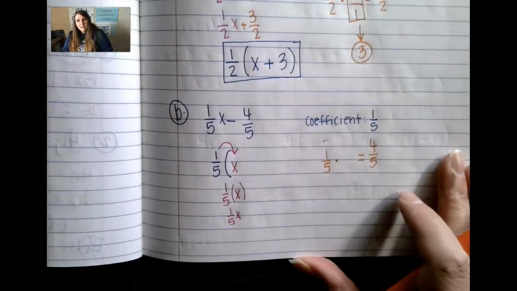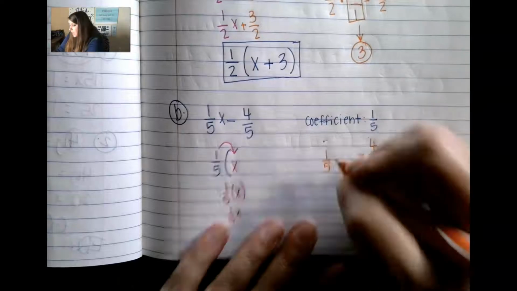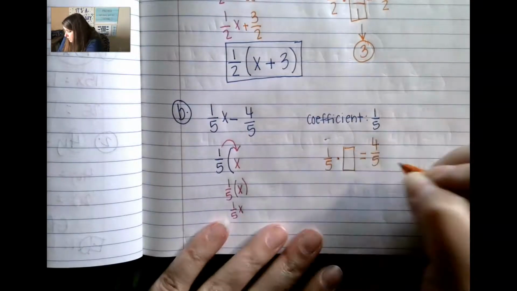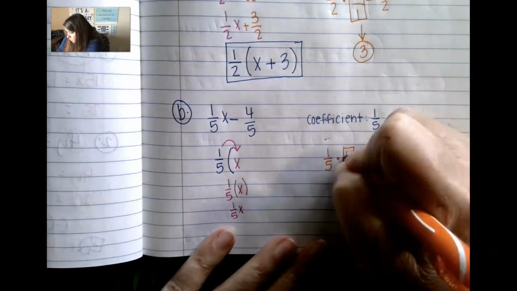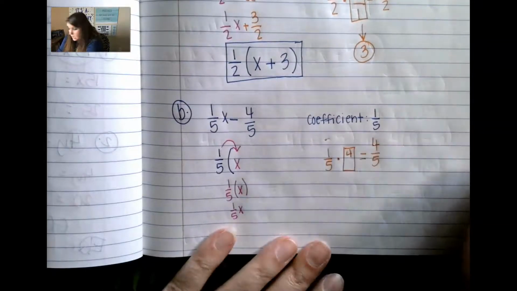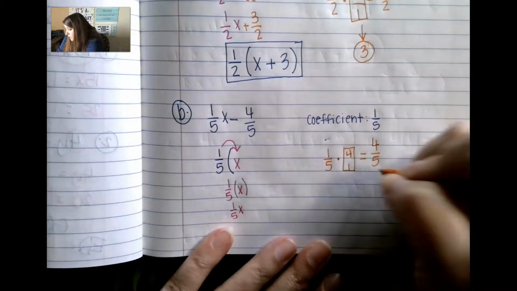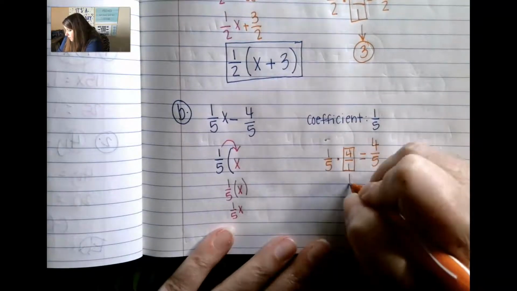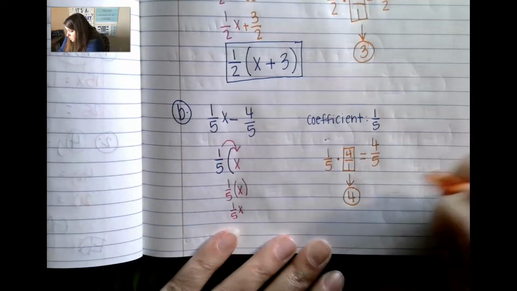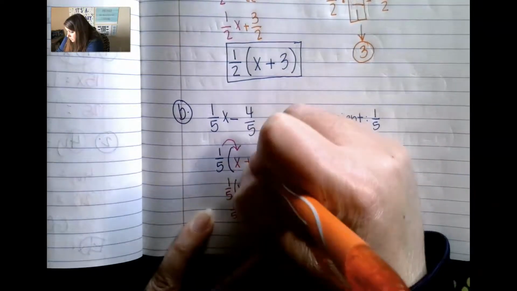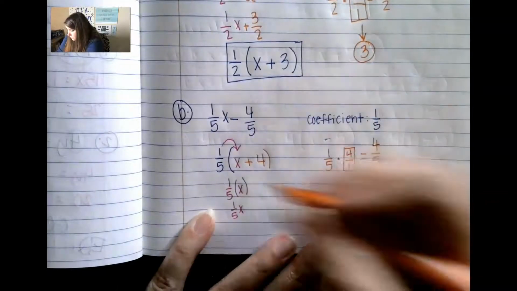Well, 1 times 4 gives me 4, and 5 times 1 gives me 5. So my answer here, when I reduce it down, is just 4.